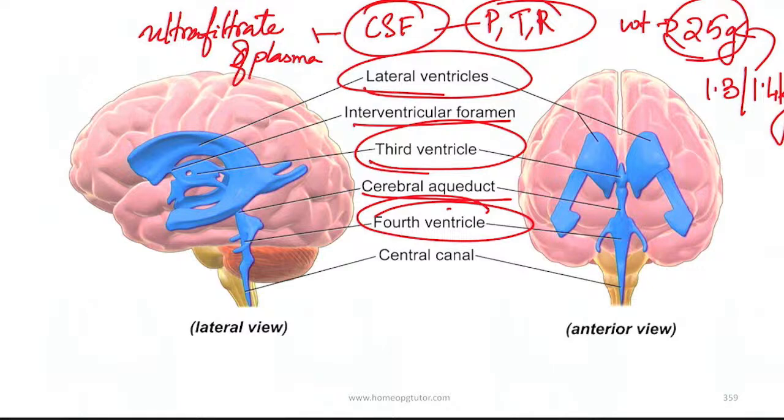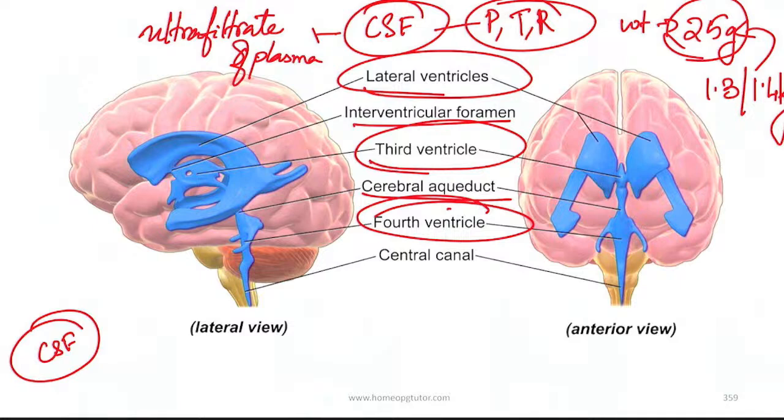The next function of this CSF is to maintain the equilibrium, that is a chemical equilibrium. Chemical stability will be kept, because the CSF is full of glucose and other electrolytes.